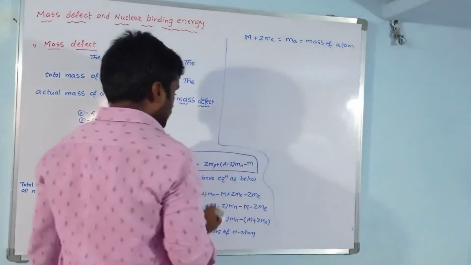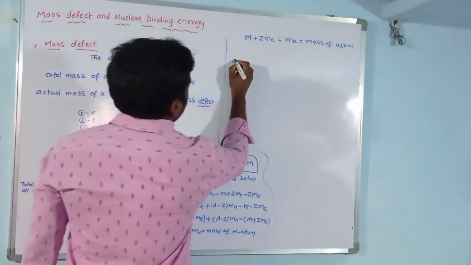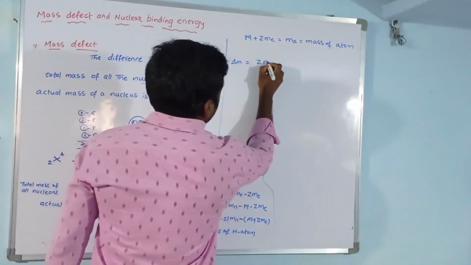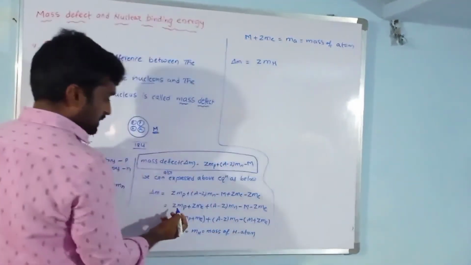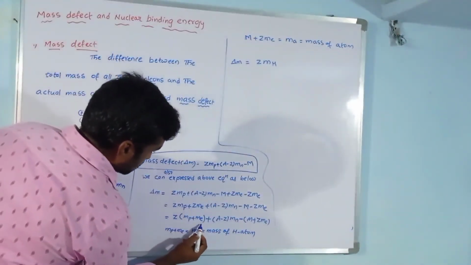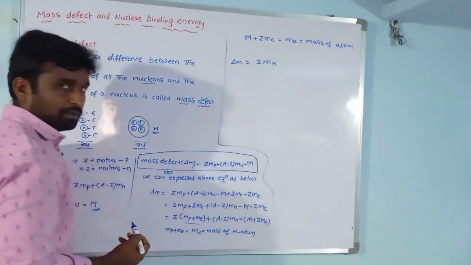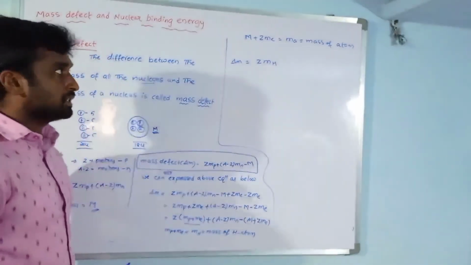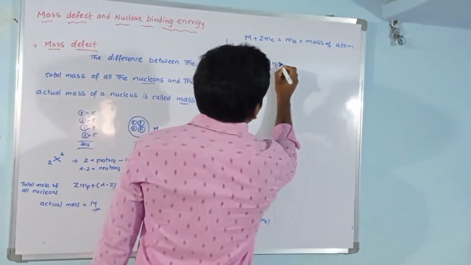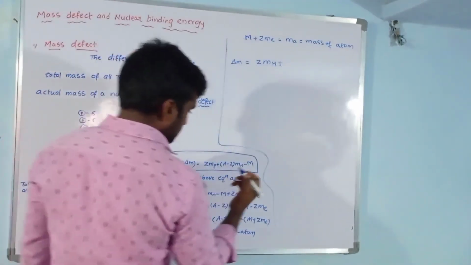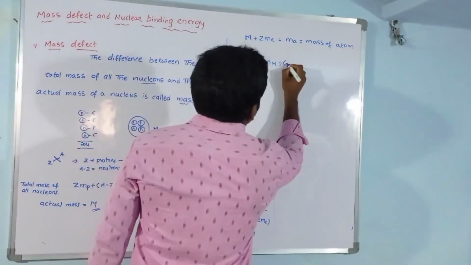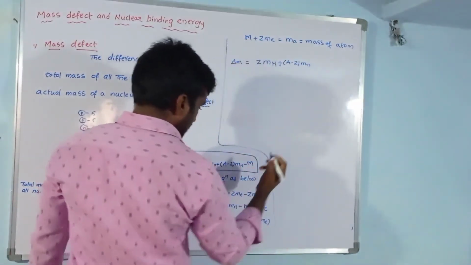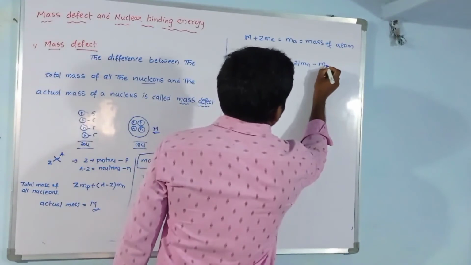So we can rewrite this equation: delta M equals Z MH, where MH is the mass of the hydrogen atom, which I am taking in place of MP plus Me, plus (A minus Z), that is the neutron number, times Mn, minus Me.